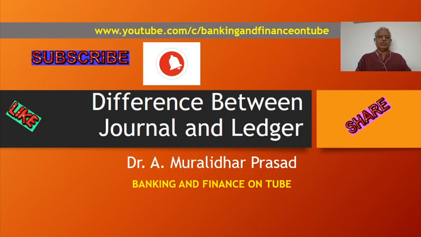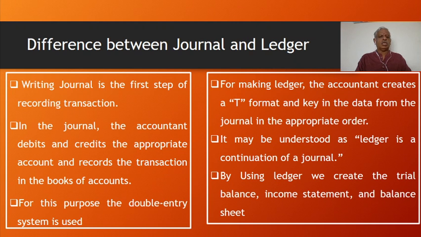Today I will be discussing with you the difference between a journal and ledger in financial accounting. Let us first understand what is journal and then the ledger. The journal is the first step of recording transactions. In our previous video we have already understood what's an event, what's a transaction.